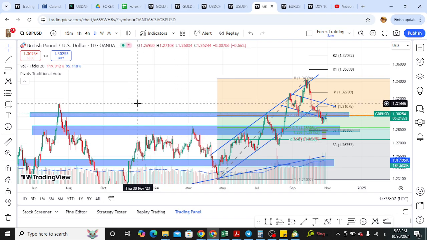Let's take a look at another one, and I only look at areas just around the price. I don't fill the whole screen, but I keep them. I don't delete them.